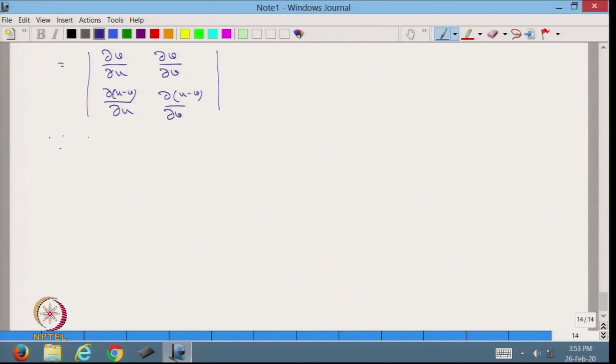Since x is equal to v and y is equal to u minus v, this is 0, 1, 1 and minus 1. Therefore, determinant is minus 1 and therefore, absolute value of J is equal to 1.